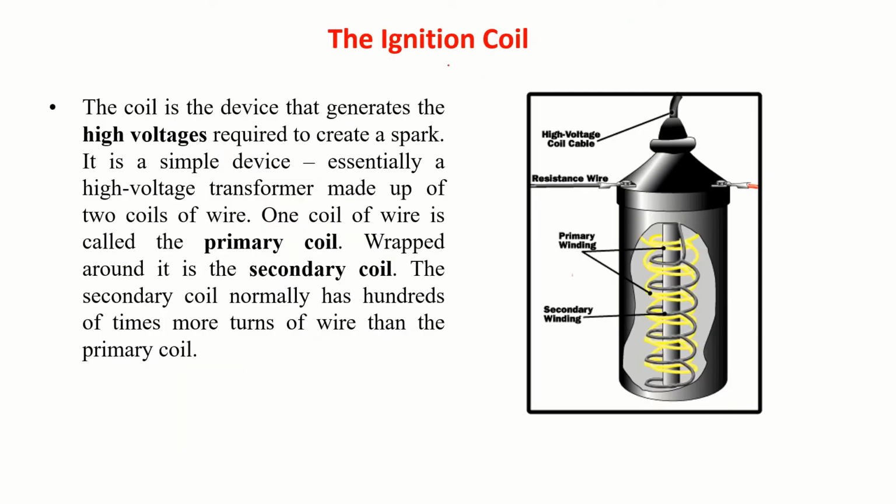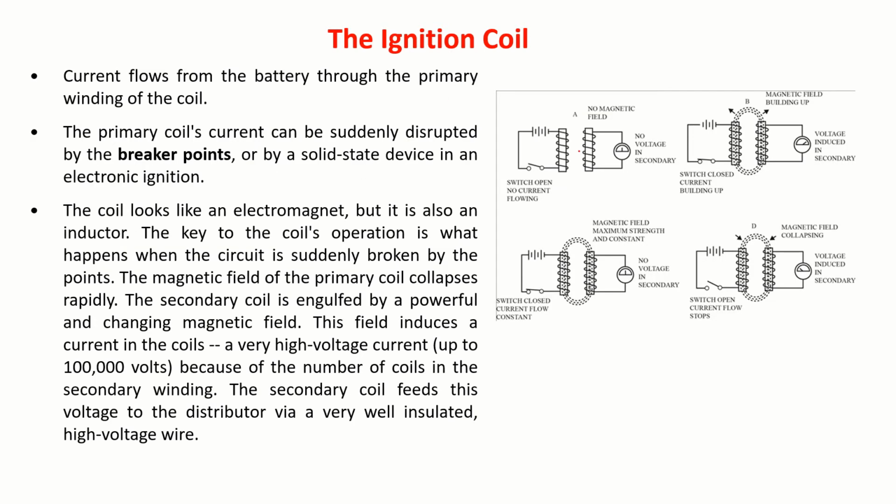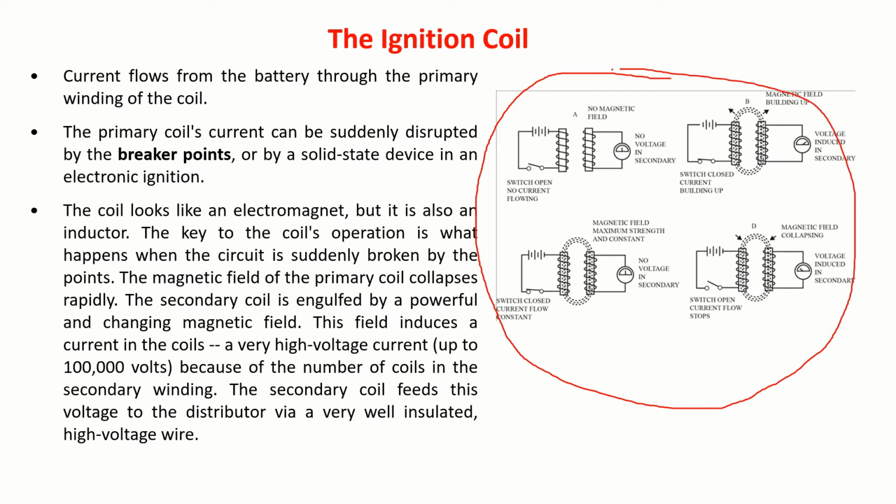So this has been explained earlier. Once again, I have repeatedly shown some of these things. Here, I have just explained how exactly the magnetic field builds up and collapses. When the switch is in the closed position, the magnetic field builds up. When the switch is open, the magnetic field collapses.